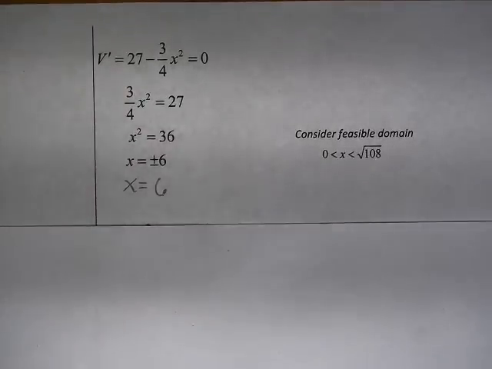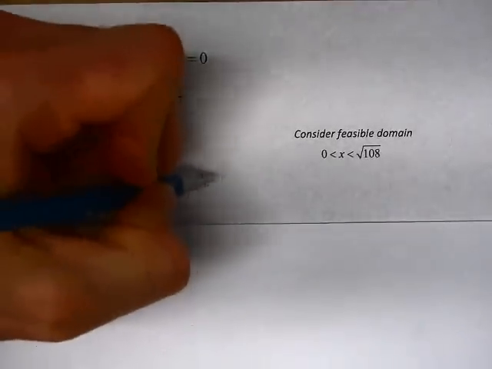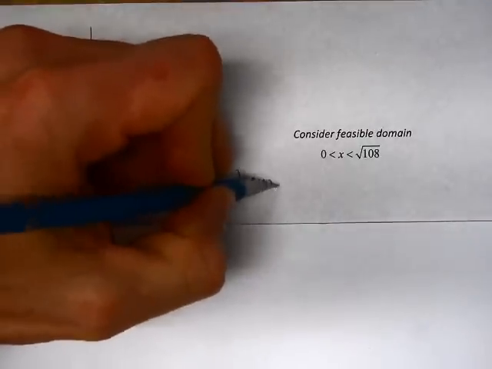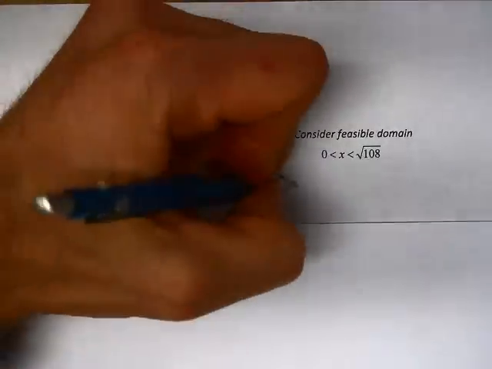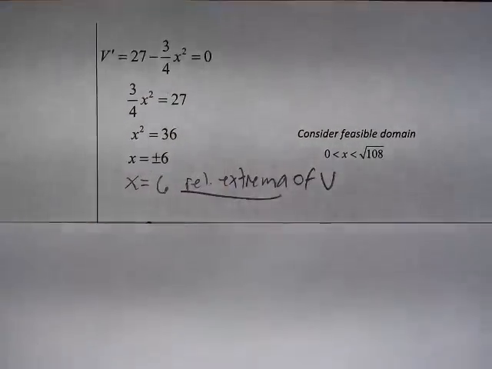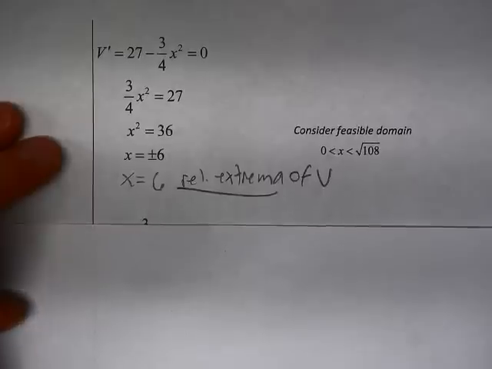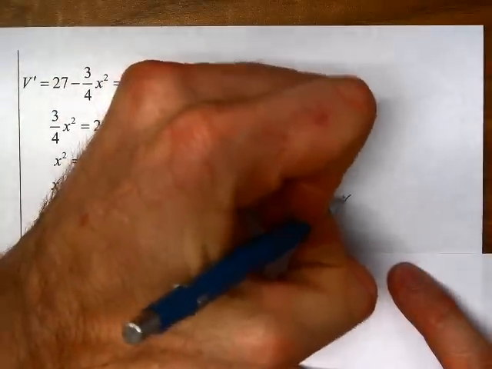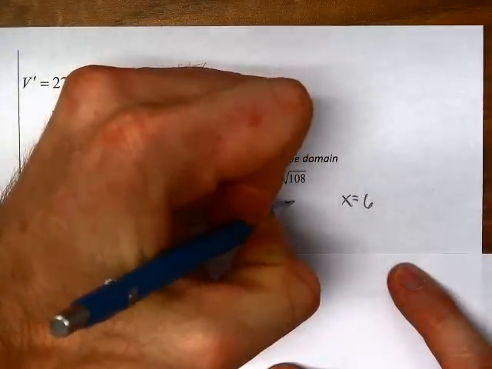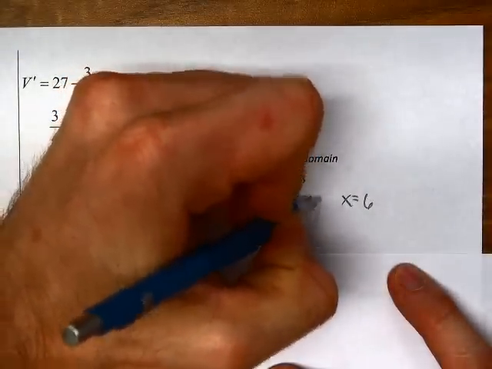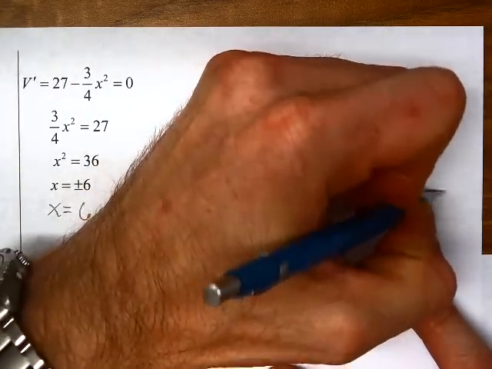So x equals 6 represents some relative extrema of v. I'm hoping it's a maximum because that's what I'm trying to find, but I really don't know that yet. So I could set up a table. Here's x equals 6, here's from 0 to 6, and here's from 6 to the square root of 108.